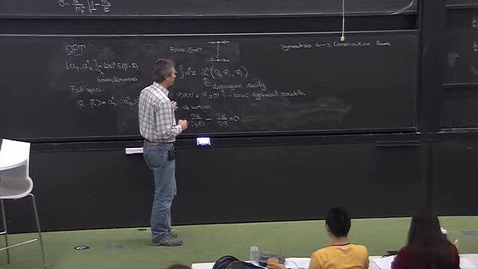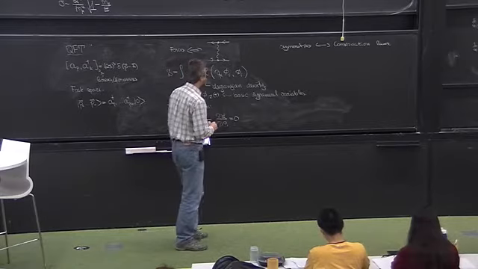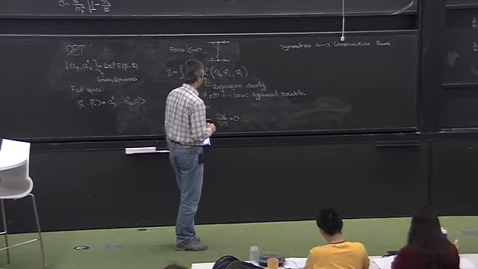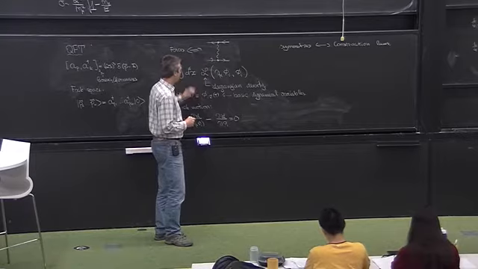And once we have a symmetry, Noether's theorem tells us how to derive a conserved current from the Lagrangian.